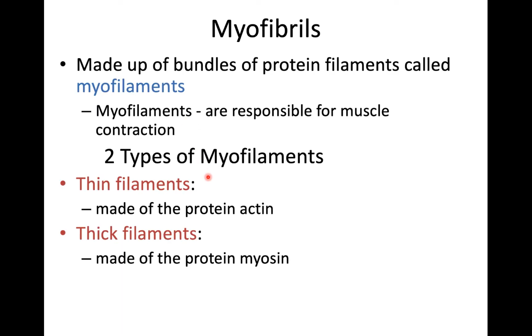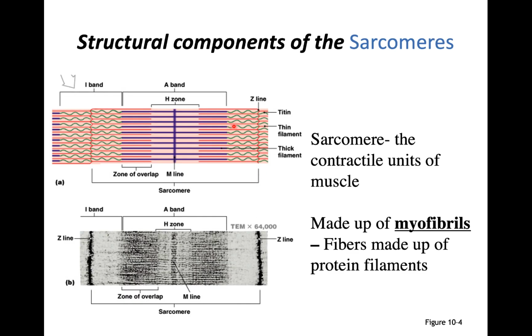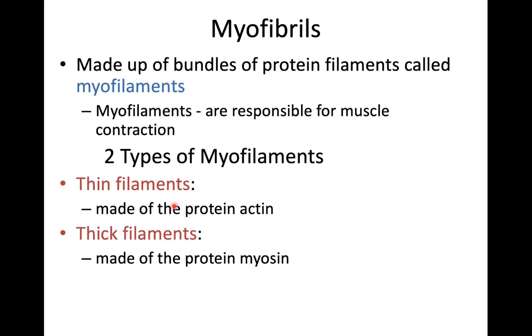So again, the proteins are listed here, actin and myosin. The actin protein, the little thin red one here, is also termed the thin filament. The myosin is the thick filament. So thin and thick filaments are the two myofilaments that make up your muscles as a whole.